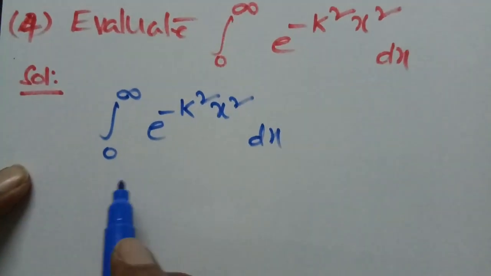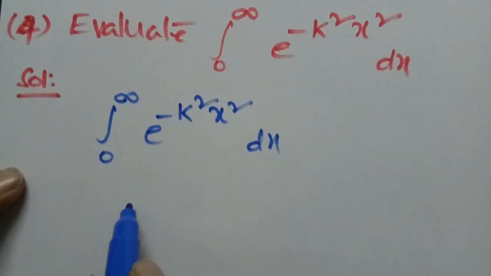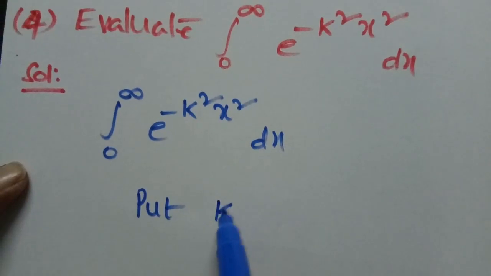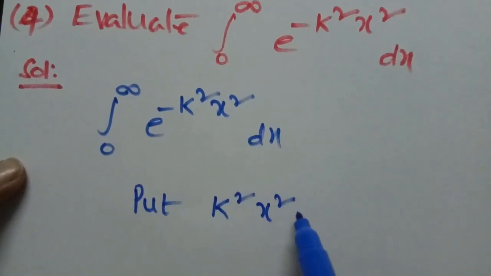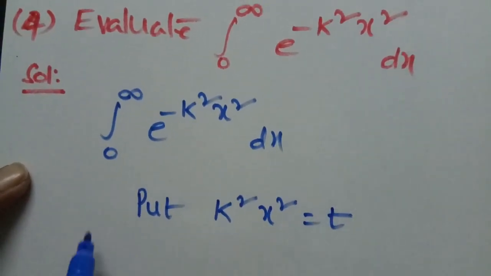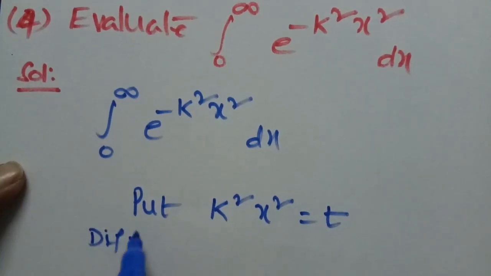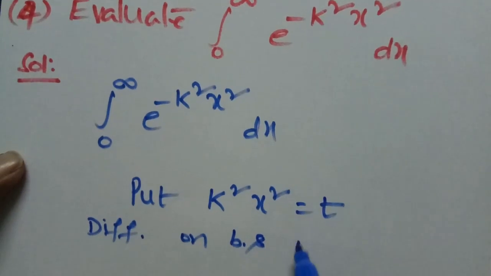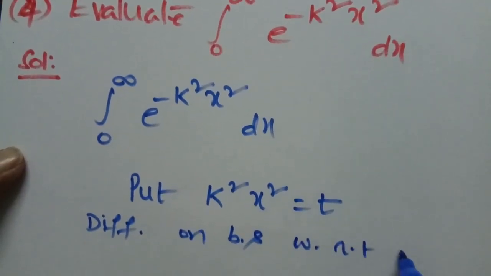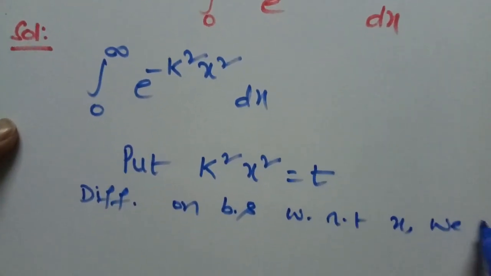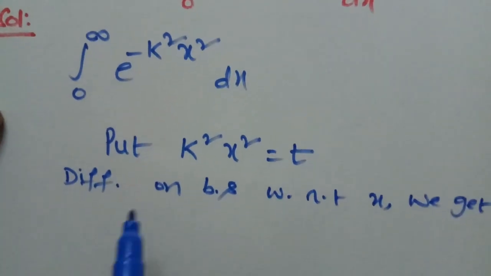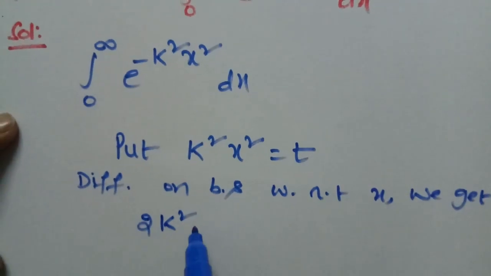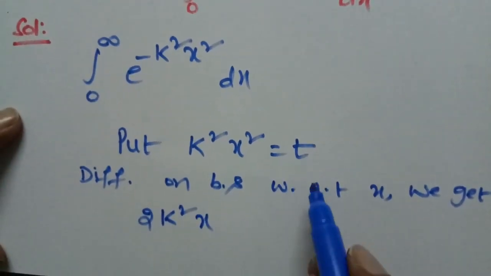Therefore integration by substitution. Here put k square x square equal to t. Now differentiating on both sides with respect to x, we get k square is a constant, x square derivative is 2x is equal to dt by dx.